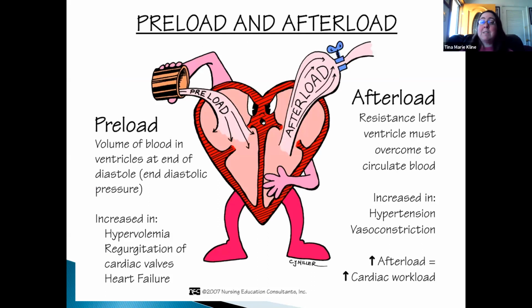So when you have a patient with something like atrial fibrillation, where the atria are quivering instead of that nice contraction, that last atrial kick to push the remainder of that blood down into the ventricle, that just means there's going to be less blood in the ventricle to begin with when the valve closes and the other one opens to pump out. So preload is definitely a factor there. Afterload, as I mentioned before, is the resistance, the pressure that the ventricle has to overcome to circulate the blood. So those are just some real basic concepts that you want to be aware of.